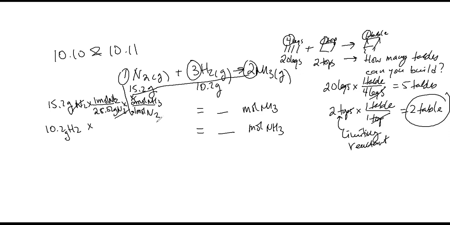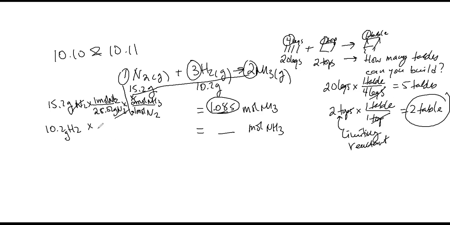So let's get the moles of product based on the first reactant. It's 15.2 divided by 28.02 and then multiplied by 2. So you get 1.085. This is the first answer here.